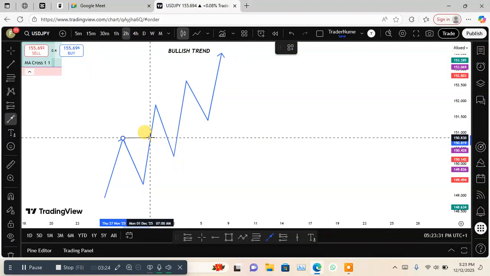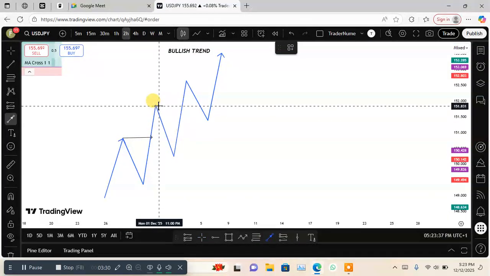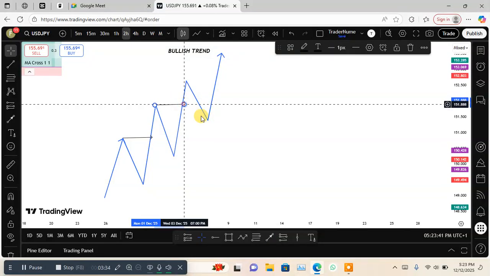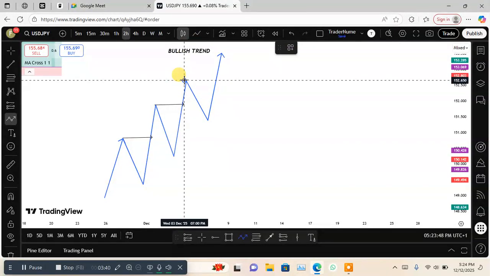That's price is breaking each high as it's going up. Price will break this high. These are called break of structure. This is basically the bullish market structure.